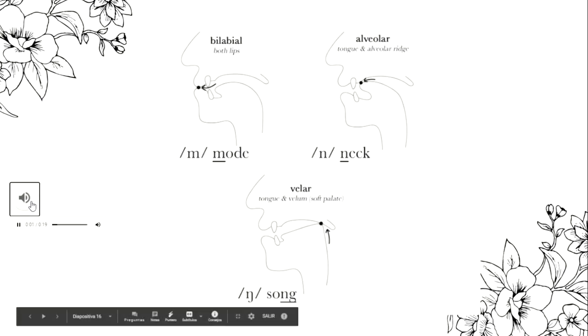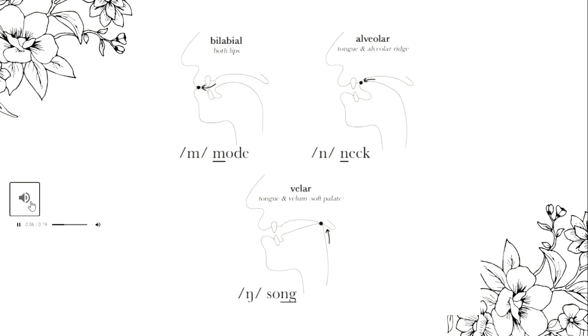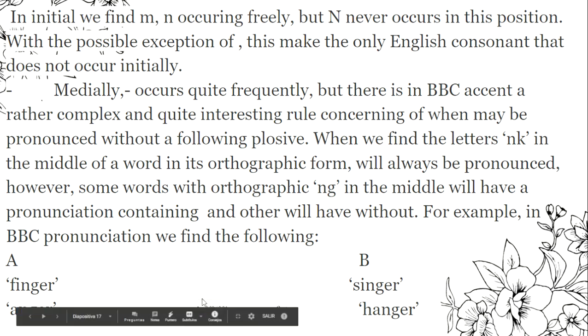As you can see in this image, we can see the three types of nasals: bilabial, like "mode"; alveolar, "neck"; and velar, "sung".